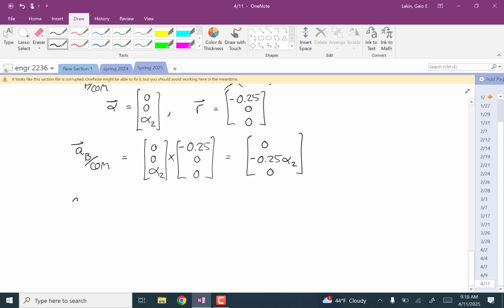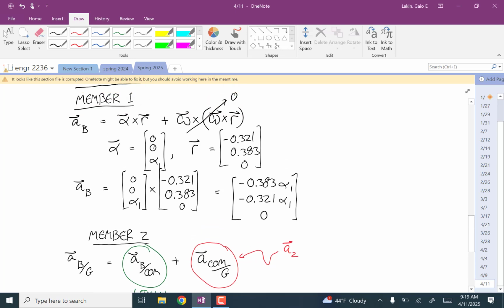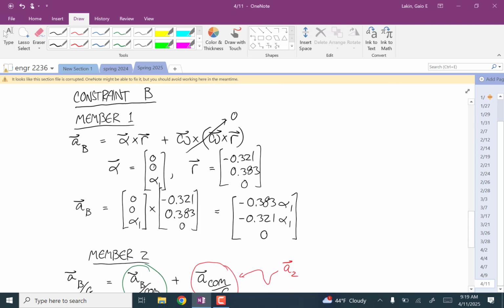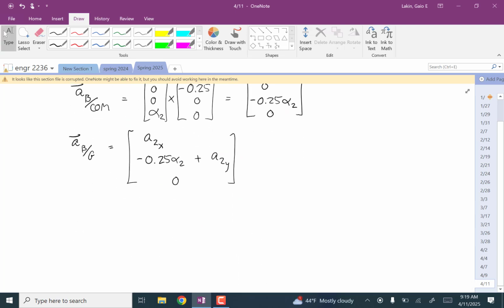Okay, so then the acceleration of B relative to the ground is this plus A2. So we have A2x and then negative 0.25 alpha 2 plus A2y and then 0. And so finally, our equation 6 says negative 0.383 alpha 1 minus A2x is equal to 0. We're just setting these two accelerations equal to each other. That's our equation 6 star.